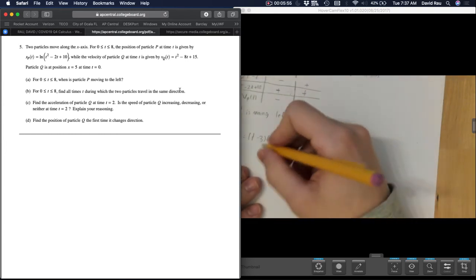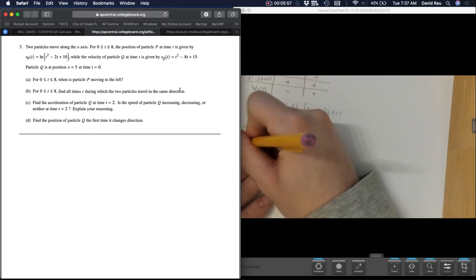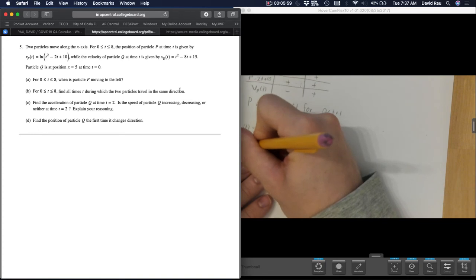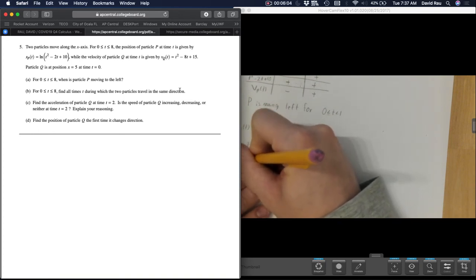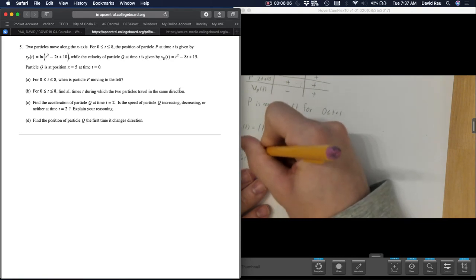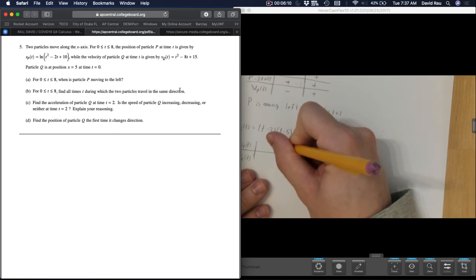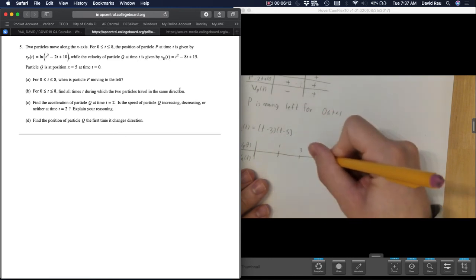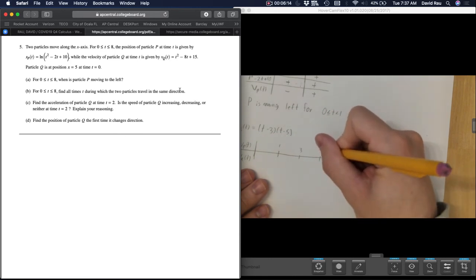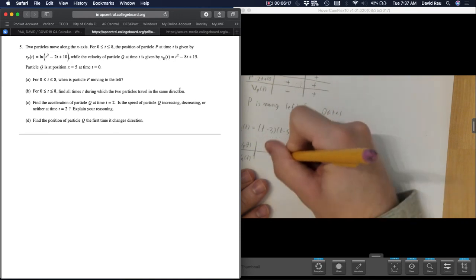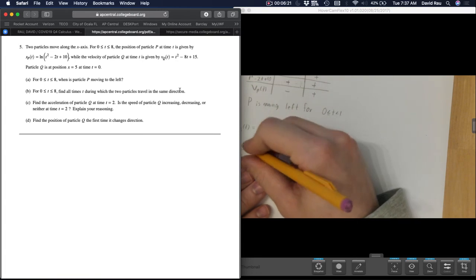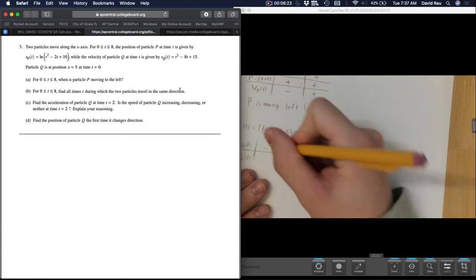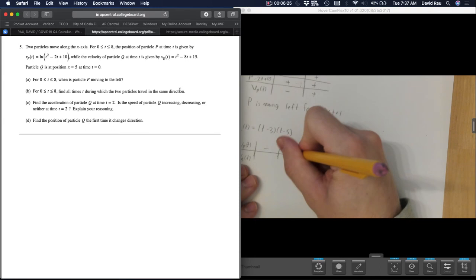Again, this is a quadratic. We're going to have VP of t that we're comparing, and we're also going to have VQ of t. This time, the things to care about on our sign chart are 1, 3, and 5. Okay, so for P, we know that it's negative when it's less than 1, and it's positive all the other times.